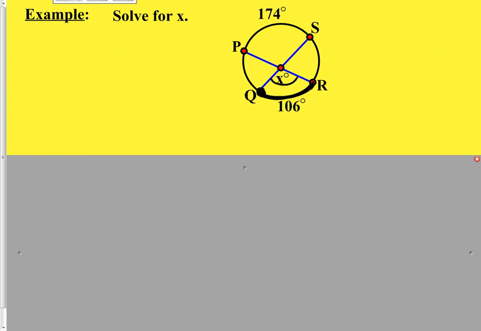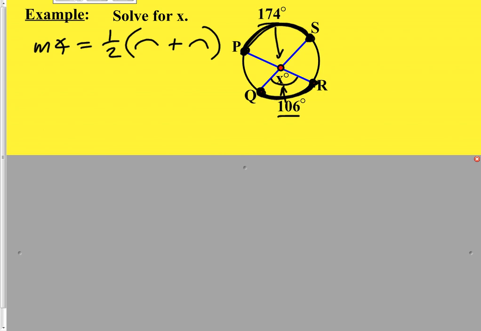The arcs that we know, there and there, we have those measurements, and it is the angle in between those chords in the same positioning that we're actually searching for. So the rule says the measure of the angle should be 1/2 of the sum of the two arcs.